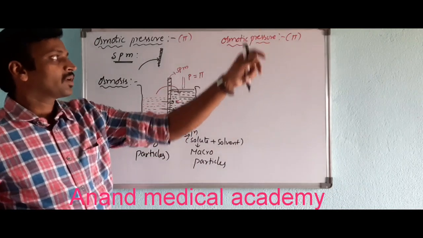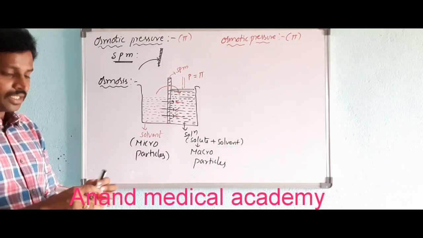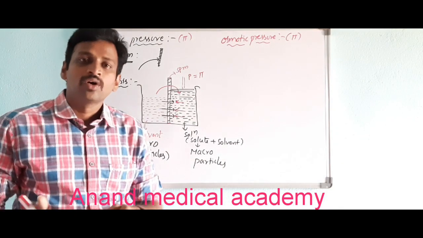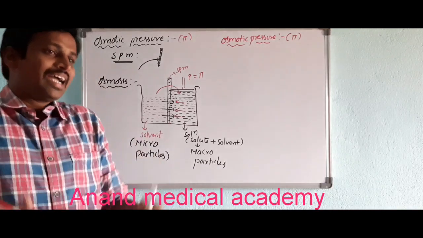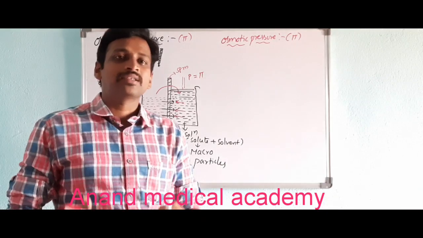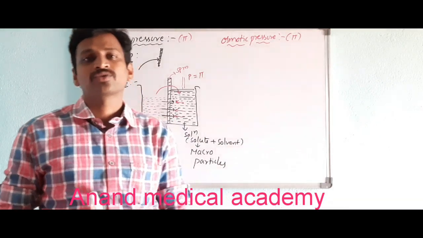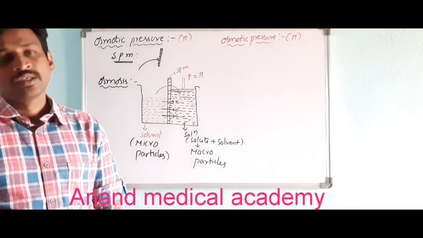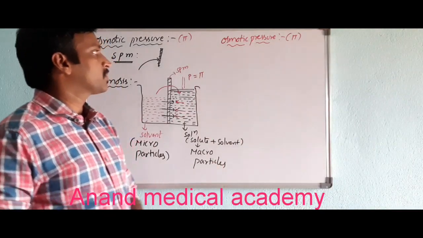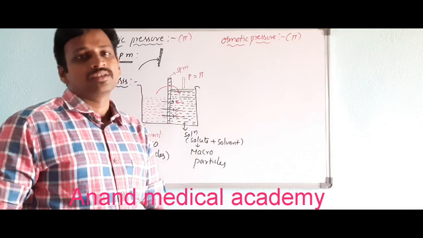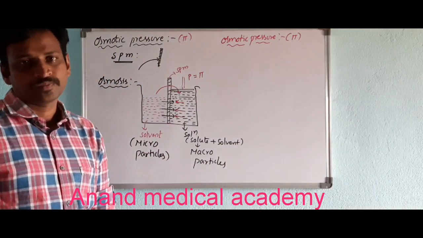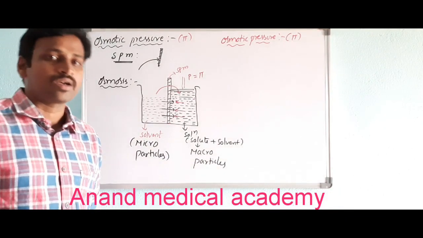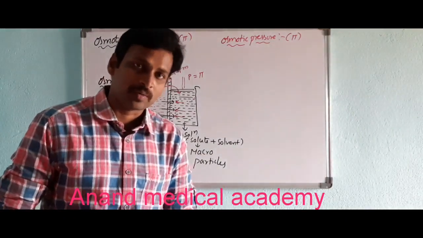That is osmotic pressure. See, this osmotic pressure applies to ideal solutions only. Ideal means we have Boyle's law, Charles' law, Avogadro's law. This concept was applied to non-ideal solutions also by Van 't Hoff, which we will discuss later on.